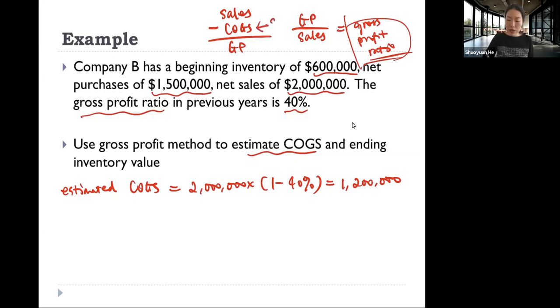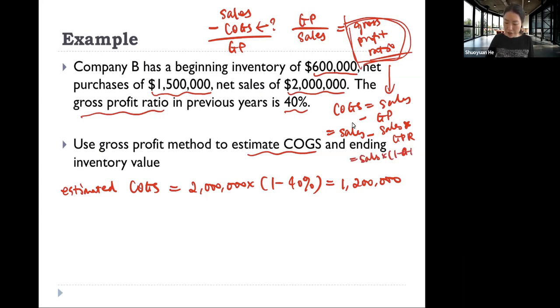Because we don't know the cost of goods sold for this year, we use this: the cost of goods sold is equal to sales minus the gross profit, which is equal to sales minus sales multiplied by the gross profit ratio, which is equal to sales multiplied by 1 minus gross profit ratio.